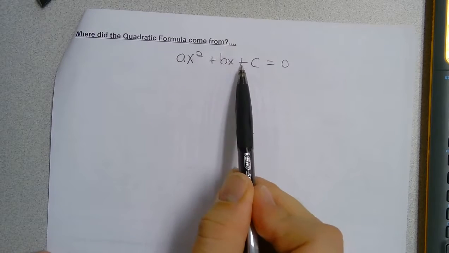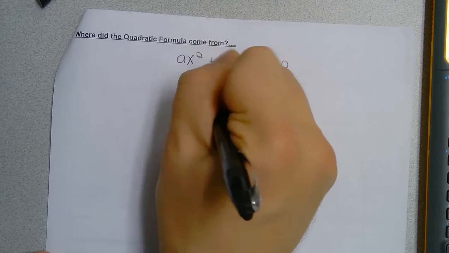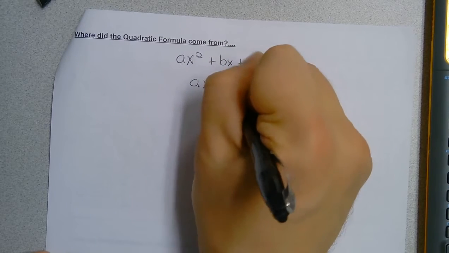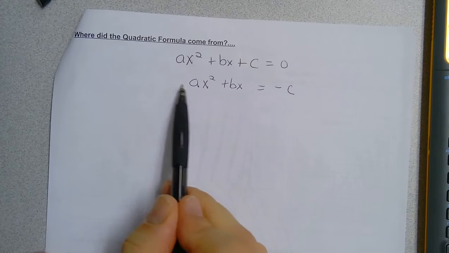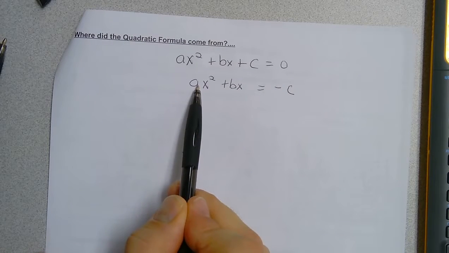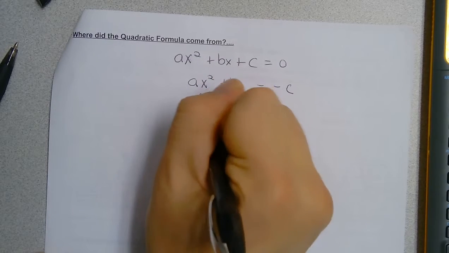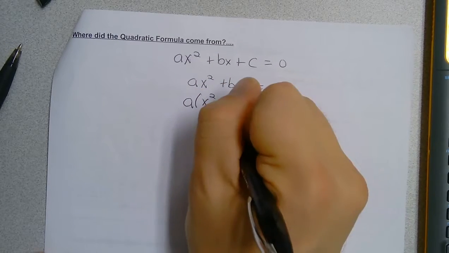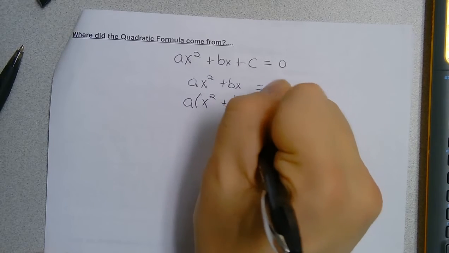So what I'm going to do first is move the c over to the other side by subtracting it. So we have ax squared plus bx equals negative c. Then I'm going to factor out the a. So we can go a times x squared plus b over a times x.